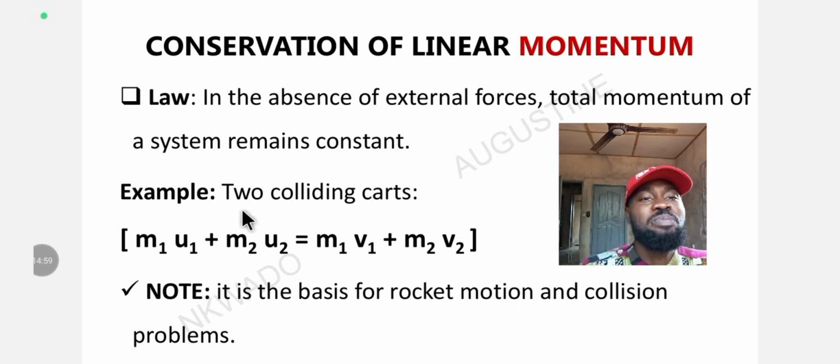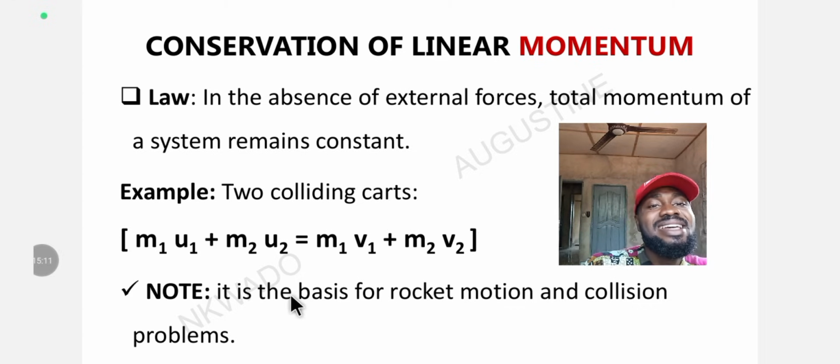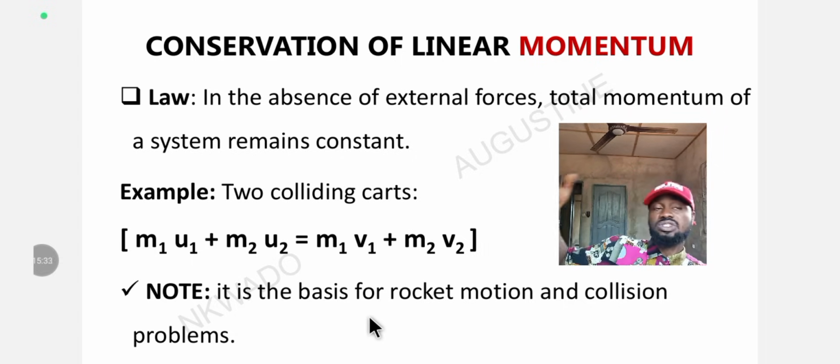This formula looks a bit long, but it's very easy to put in your head because it is straightforward. Note something very important: it is the basis for rocket motion and collision problems. This law is the reason why a rocket moves in space without stopping, because the momentum is constant. It continues to conserve momentum except an external force acts on it.